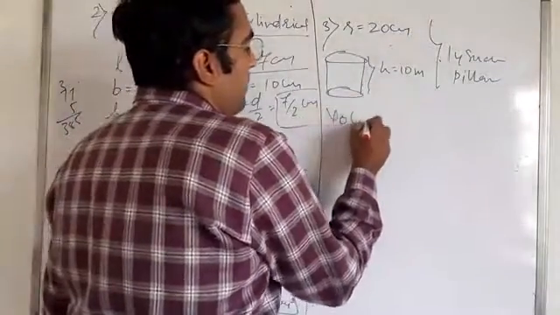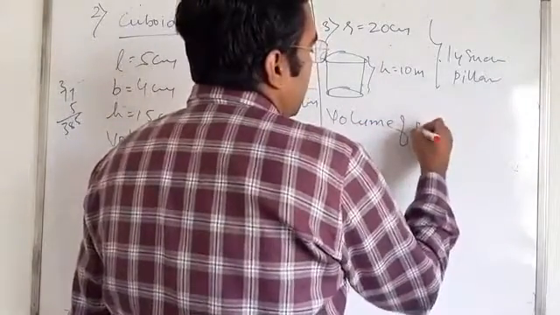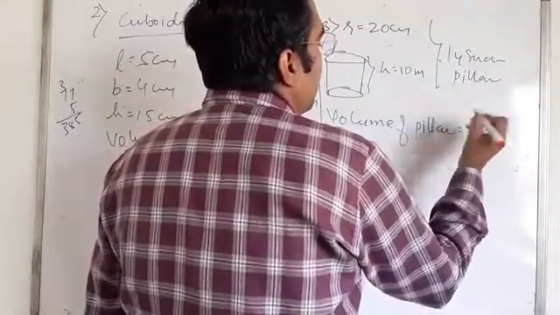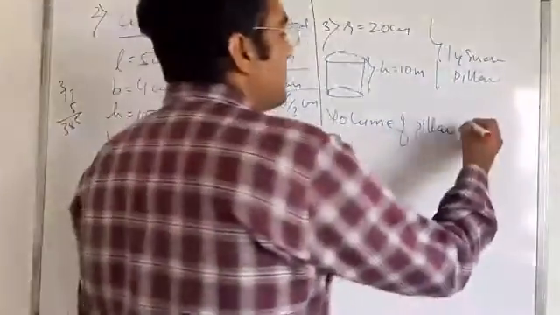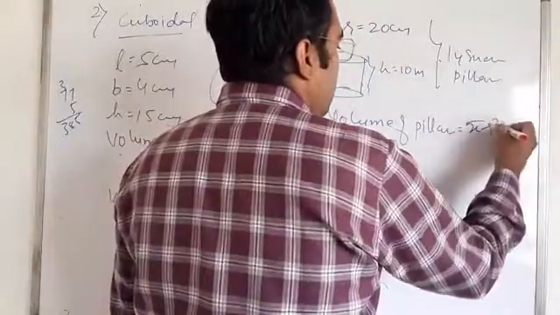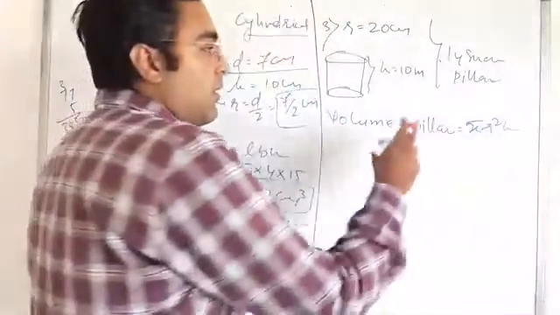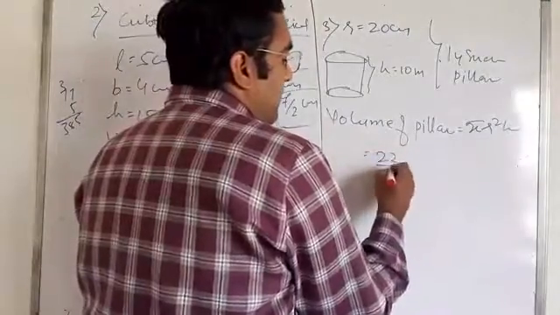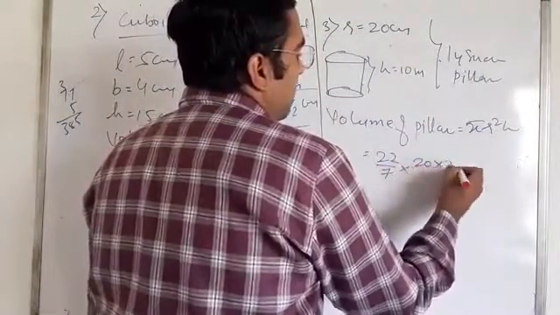So my volume of pillar, which is in the cylindrical portion, is pi r square h. Pi is 22/7, r is 20 into 20.